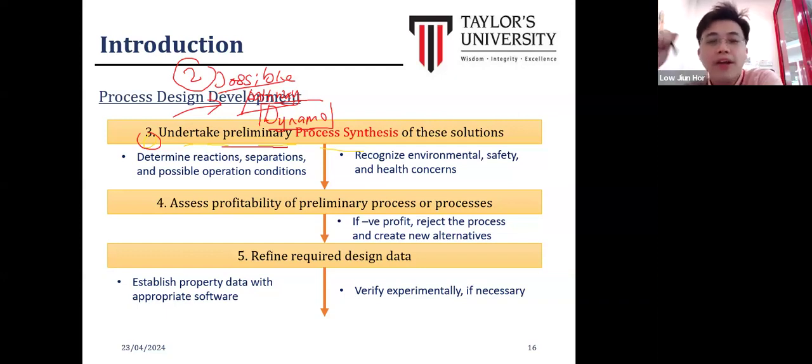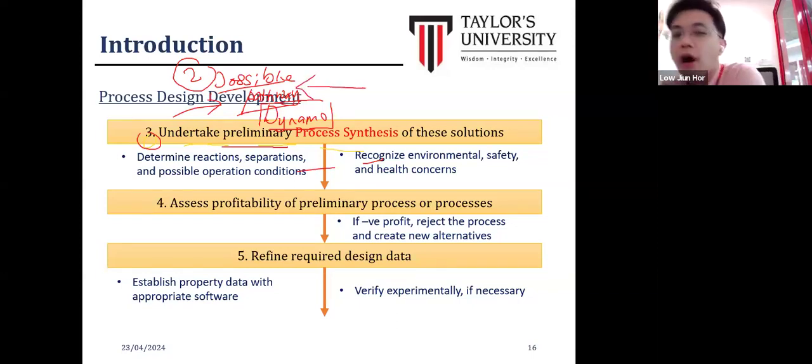And, if possible, you also need to make sure the selected process is safe and can be safely operated, so we reduce the hazard and risk. We also need to consider health concerns and a lot of other considerations, in order to select the most suitable process or technology as a basis for our chemical plant design.